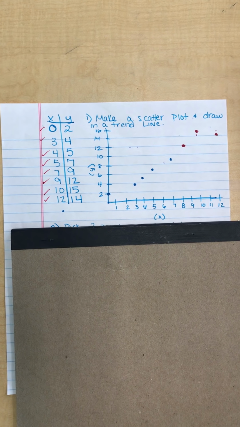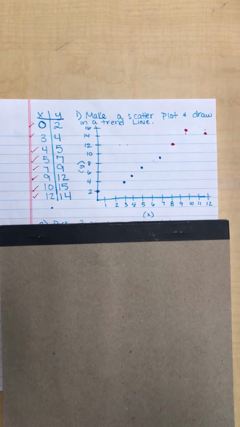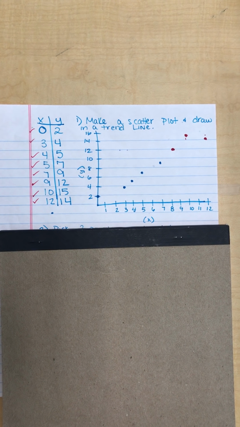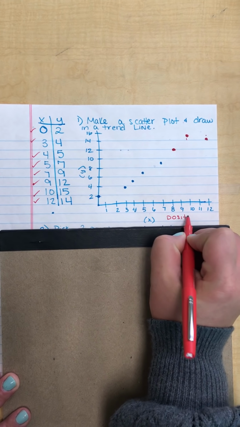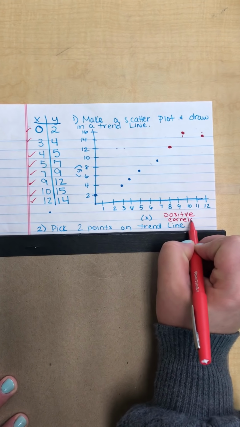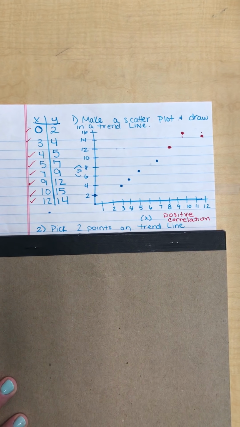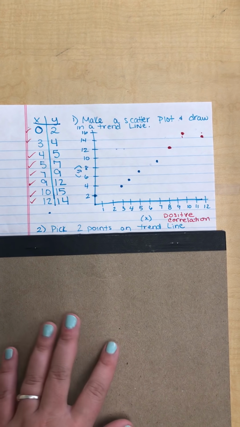Again, they don't necessarily fall on an exact line, but we can definitely see that there is a trend there. Okay, so we can definitely see that there is a positive correlation in this data, which means that we can draw in a trend line if we have a positive correlation. So to make our trend line, you might want to grab yourselves a ruler.